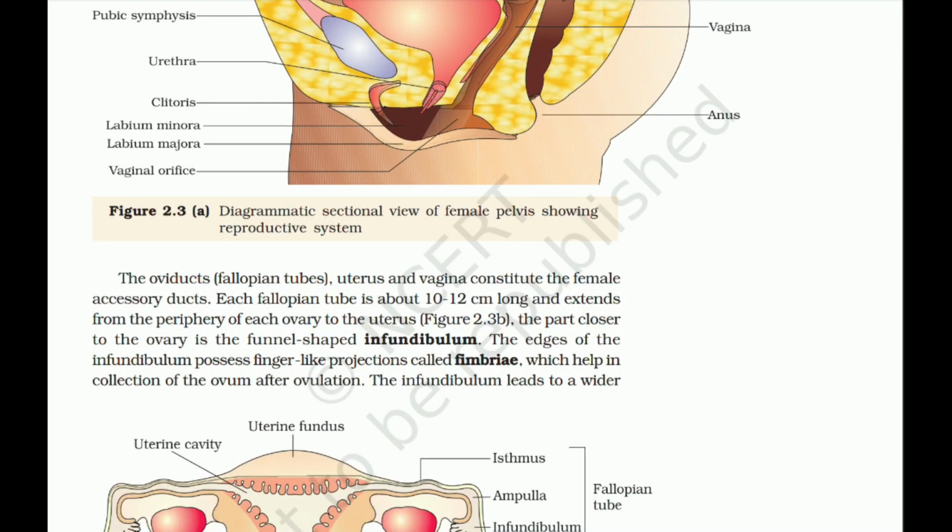The oviducts, fallopian tubes, uterus, and vagina constitute the female accessory ducts.